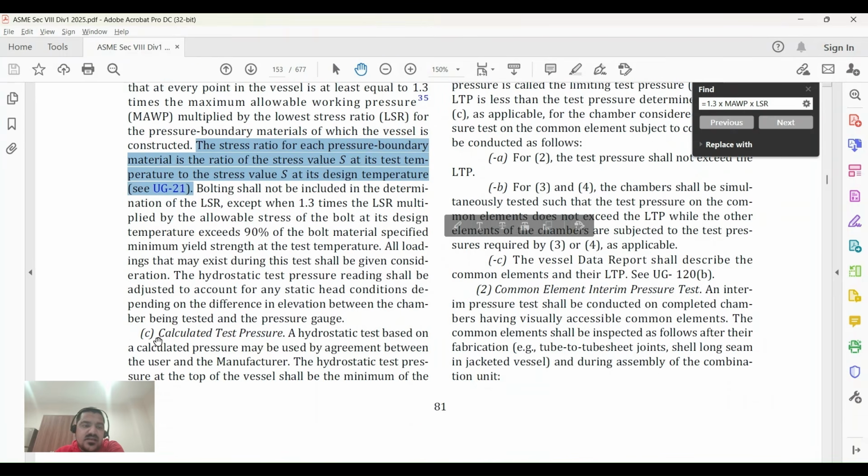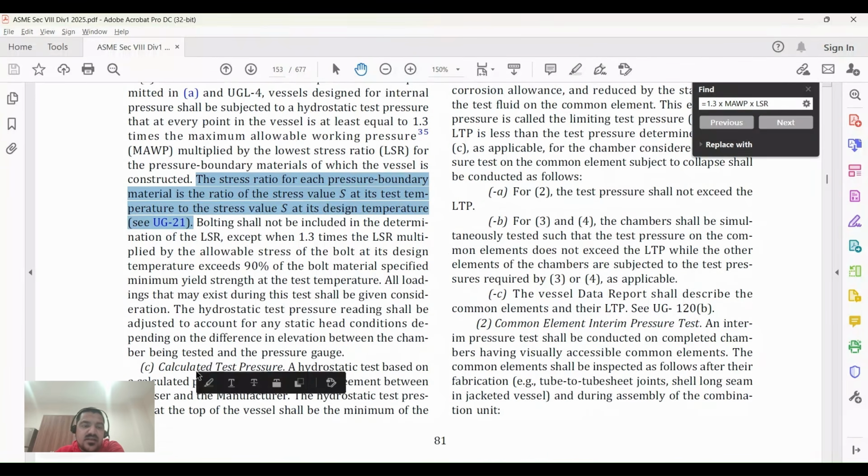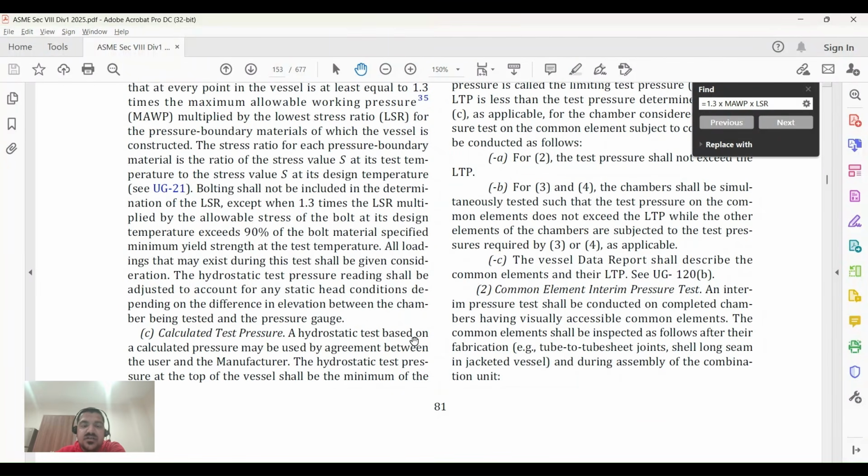Now what the C clause says, it is a calculated test pressure. Hydrostatic test based on the calculated pressure may be used by agreement between the user and the manufacturer.